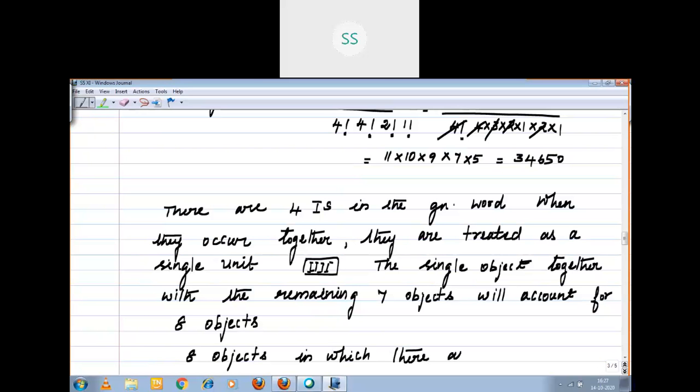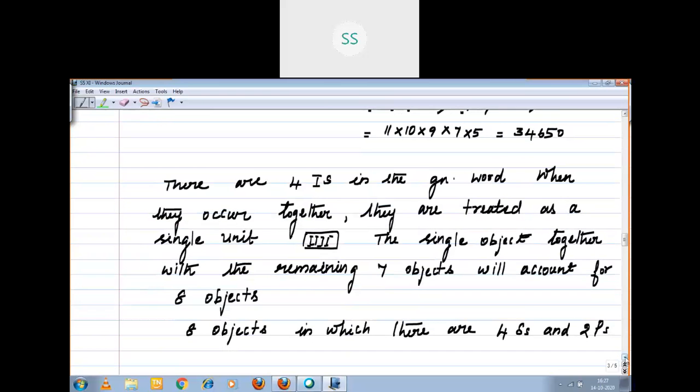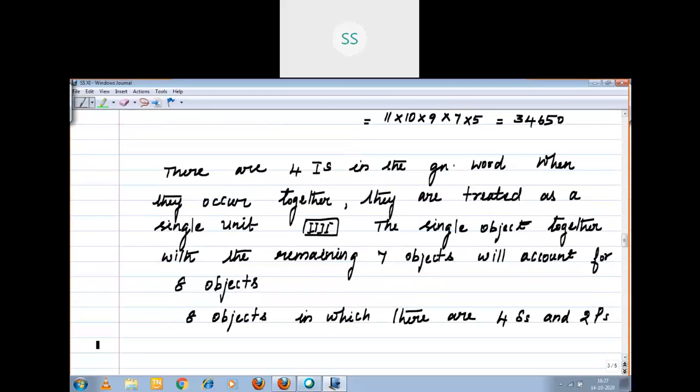Now, 8 objects in which there are 4 S's and 2 P's. Twice the P's exist.